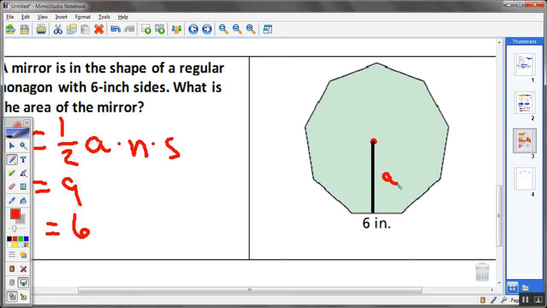Now here's the situation, kids. Do you guys agree, first of all, that if I've drawn an apothem here correctly, if this total distance down here is 6, what's that make this distance right here? This is a 3 right here. Furthermore, what angle's formed right here? 90. Okay.